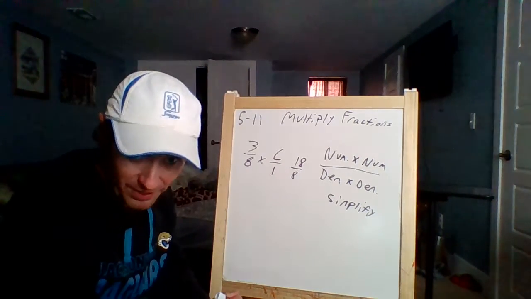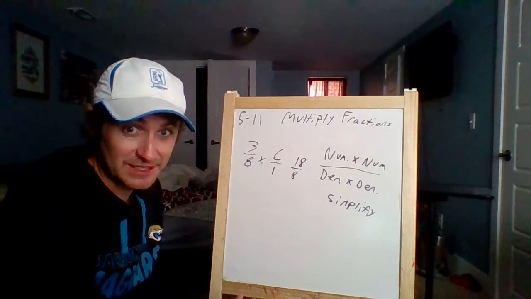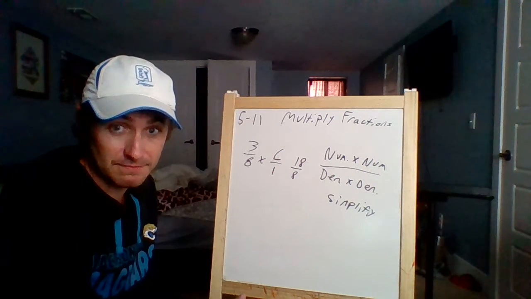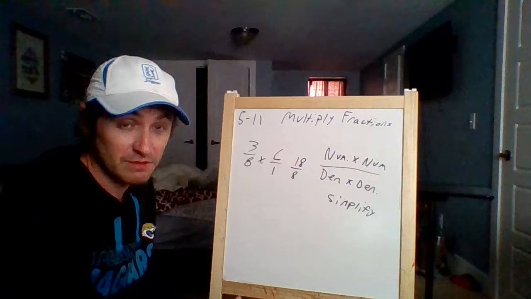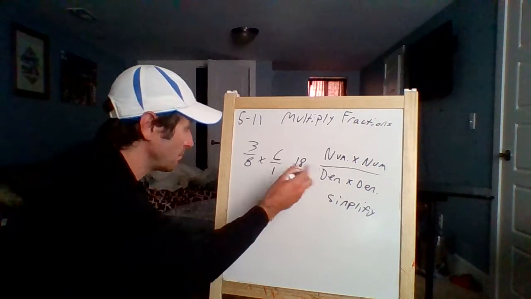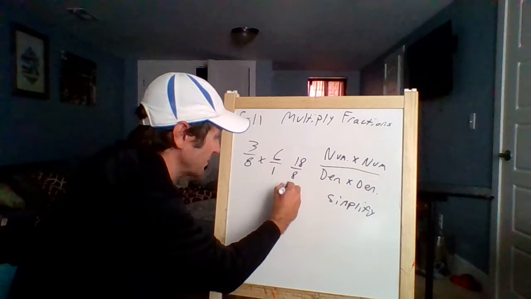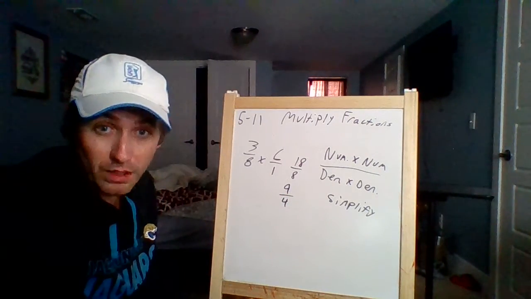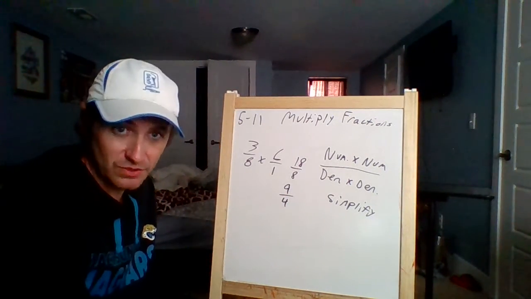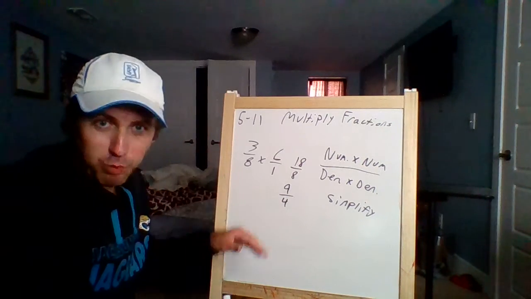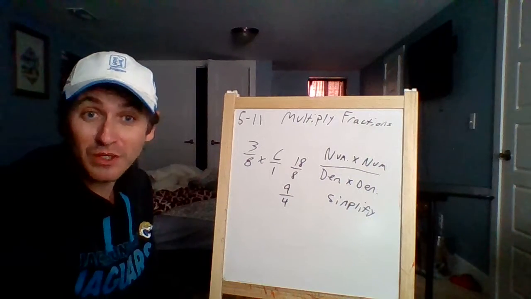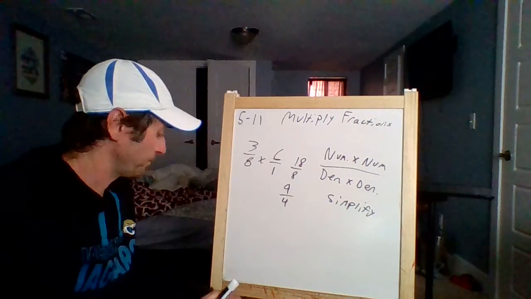We've done simplifying, but we'll keep practicing and get it back in your head. Are those both even? They're both even. Divide by 2. 2 goes into 18 how many times? 9. Goes into 8 how many times? 4. 9/4. And we're going to get into what 9/4 is, 2 1/4, but probably late this week or next week. Let's not worry about it right now.